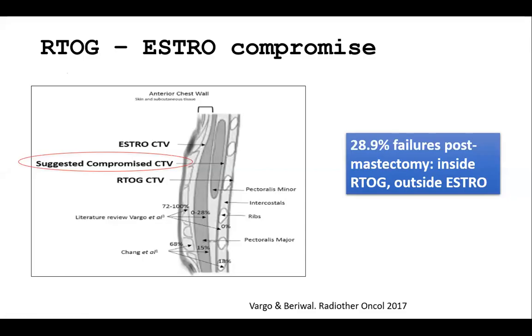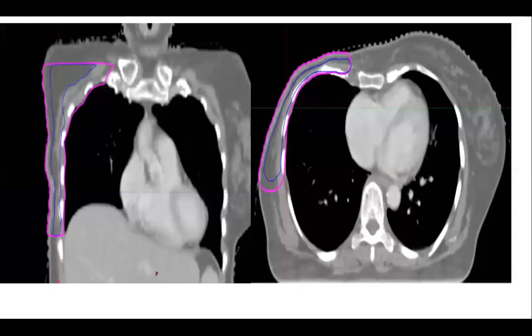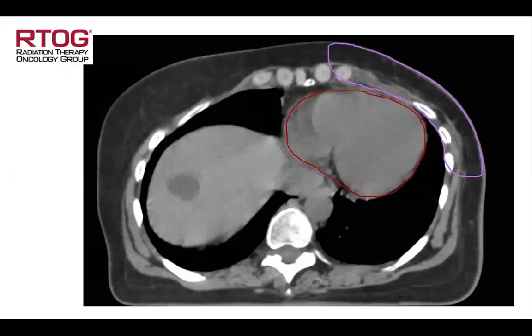To complete our discussion, I would like to add one more point. Why is this dorsal border important? In RTOG, when the dorsal border is taken till the pleural surface, the dose to the heart and the LAD, left anterior descending artery, is increased.